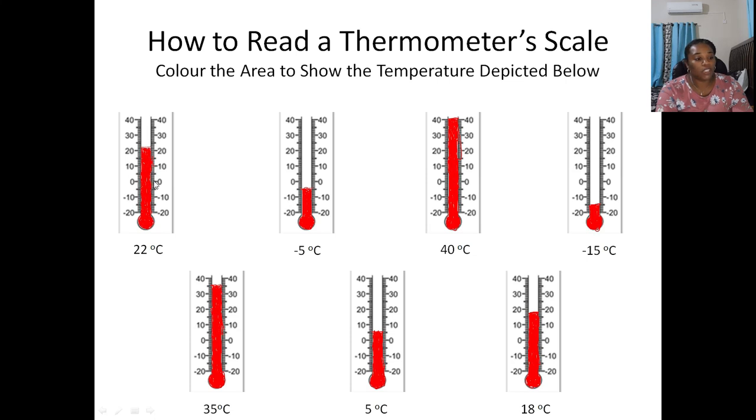But in the negative section, going from 0, this would be negative 5, and then you have negative 10, as you can see here. So you don't want to make any mistakes. So here we have negative 5, 40 up there, negative 15 down here, 35 up here, 5, and then 18. So this is 15 right here, plus 3 more, 1, 2, 3 will give you 18, right?